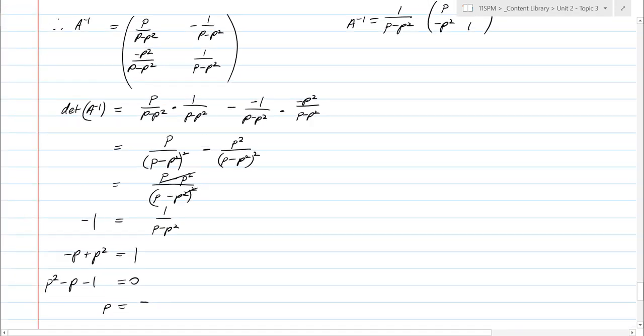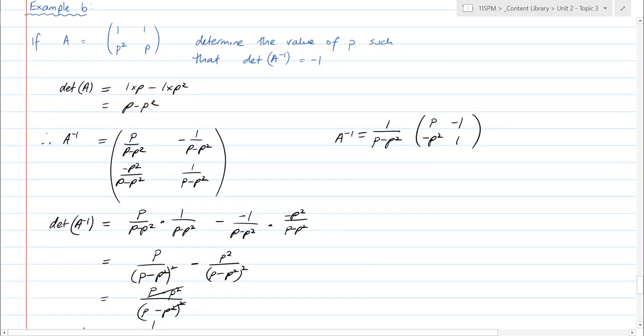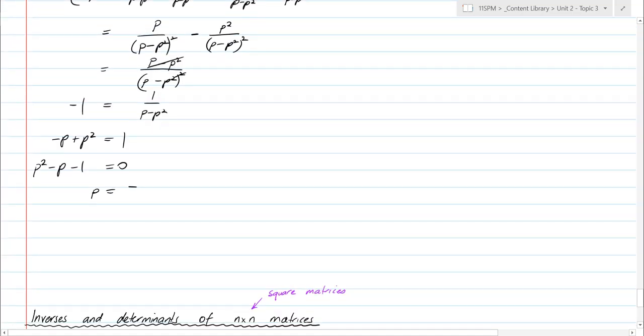But the question says find the value of P such that the determinant of A inverse equals -1, and I don't know A inverse. I know A. So when I first find the determinant, that's the determinant of A, not A inverse. Okay. So it does still work. It works out, and I think it's just the design of the matrix. Maybe it works out otherwise, but I believe it's just the design of the matrix.